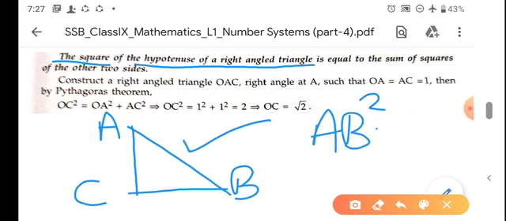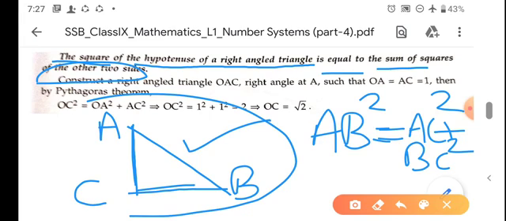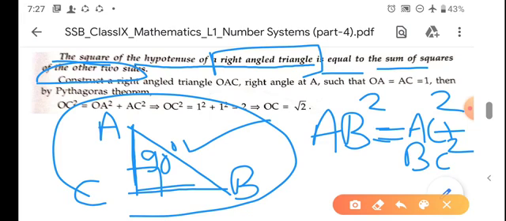The square of the hypotenuse is equal to the sum of squares of the other two sides. The other two sides are AC and BC. This is Pythagoras theorem and it always applies in a right angle triangle. A right angle triangle is a triangle having one angle of 90 degrees.